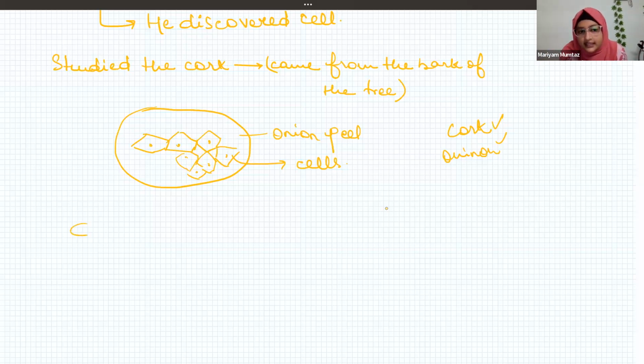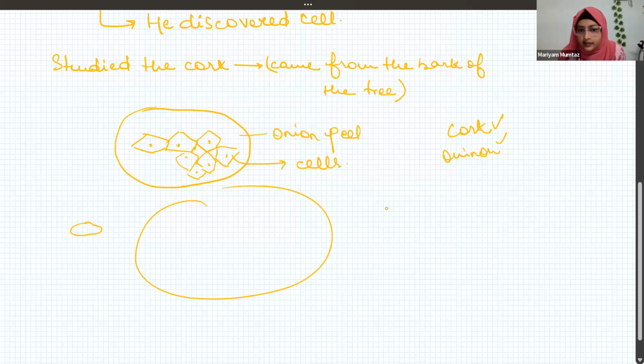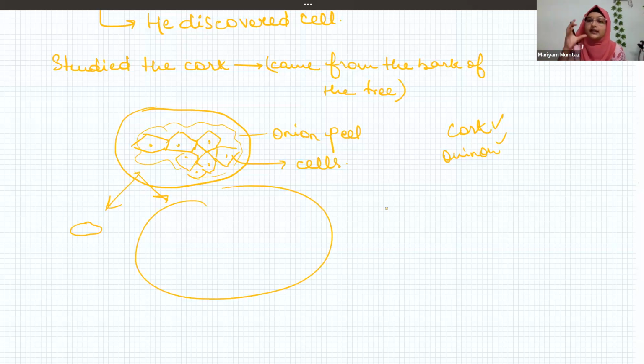Even if you take this much of an onion peel or this big of an onion peel, the regularity and the shape of the structure will remain the same. It does not matter if you have taken a bigger or a smaller size. Clear?